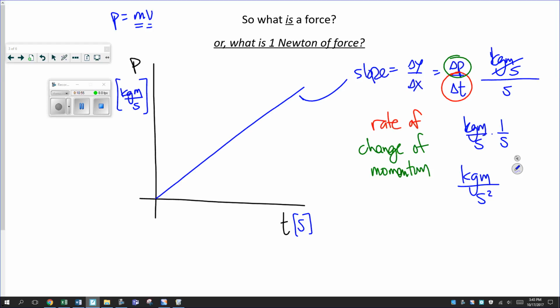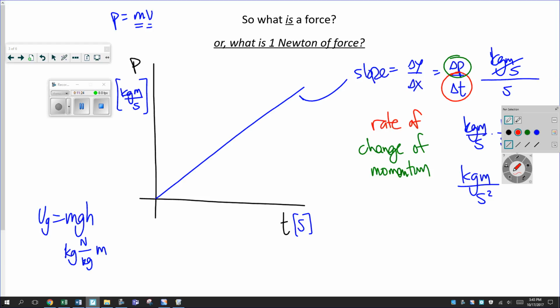Now, we've talked about some different kinds of units, and the one that looks kind of like this is energy. Energy, remember, like we can do U_G is mgh. Well, mass in kilograms, g in newtons per kilogram, h in meters, which says that U_G is measured in joules.